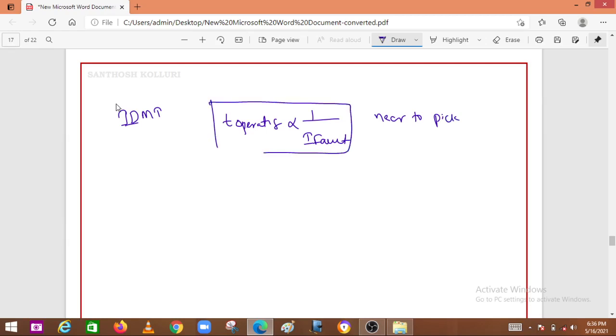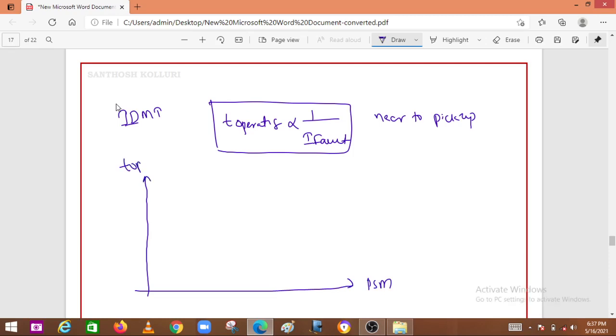This is the thing. In an IDMT relay the operating time is inversely proportional to the fault current near the pickup current, and after that it will be constant once a minimum time is reached. That is the IDMT relay. So all these operating times versus plug setting multipliers are given like this.